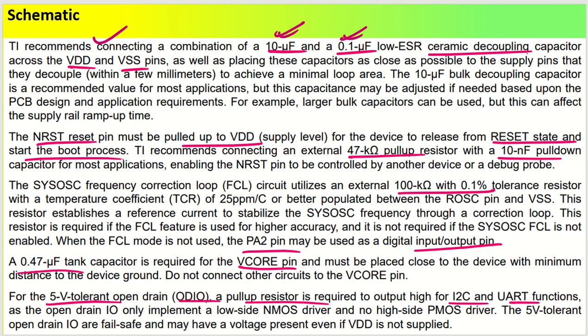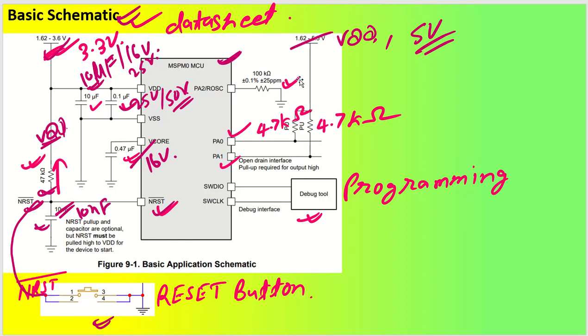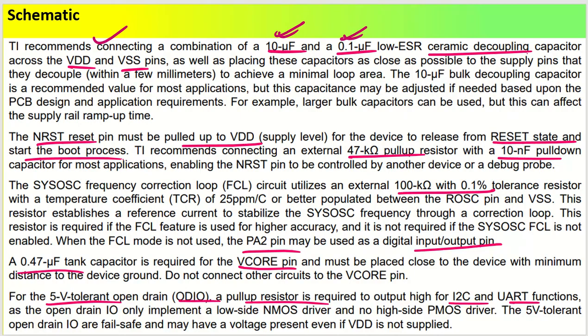Now, we have a system oscillator, that is a frequency correction loop, which utilizes an external 100 kilo ohm, 0.1% tolerance resistor with a temperature coefficient of 25 ppm per degree centigrade. Good. And the PA2 pin may be used as a digital input output pin also if you are not using your oscillator function. Got it? So this particular pin which was shown here can be utilized as your GPIO as well.